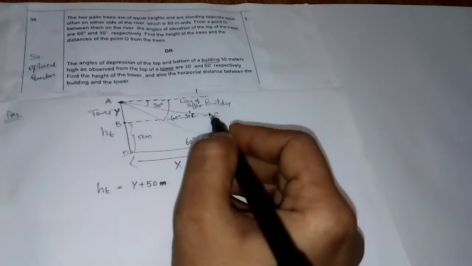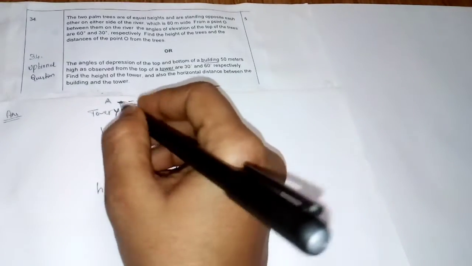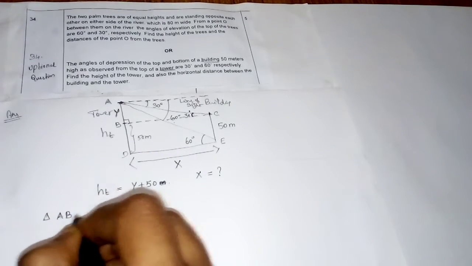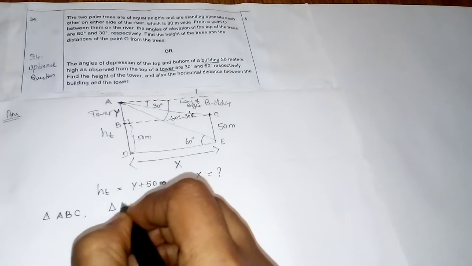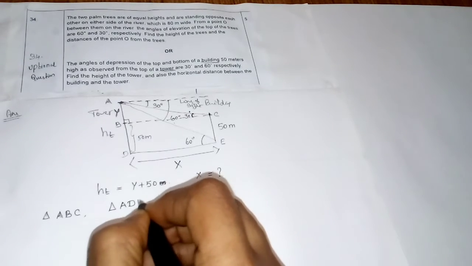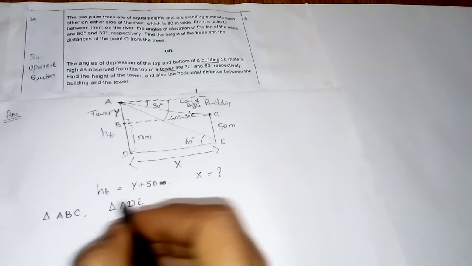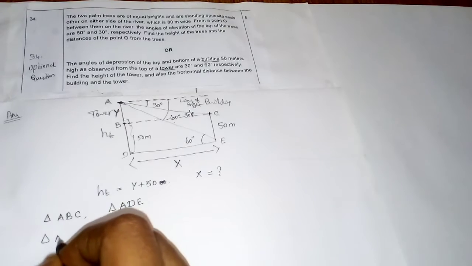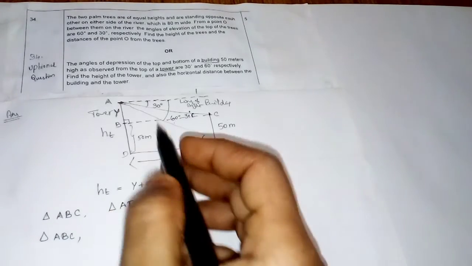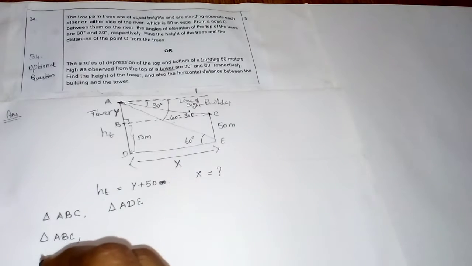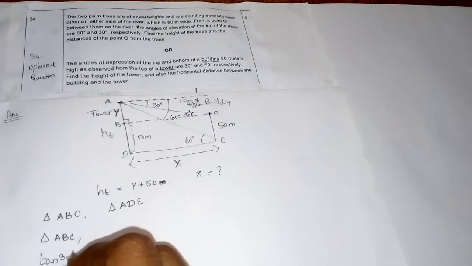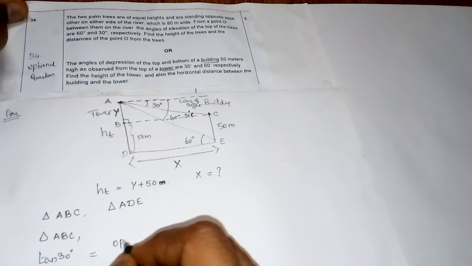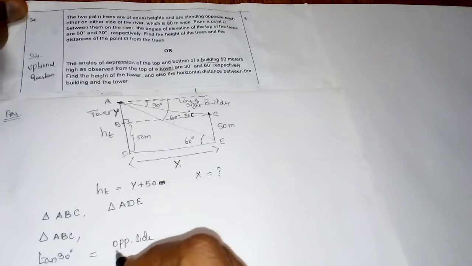Therefore we have two right angle triangles, that is triangle ABC and triangle ADE. Using the first triangle ABC, let us calculate tan 30. Tan theta is opposite side by adjacent side.